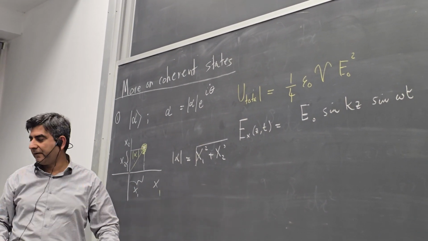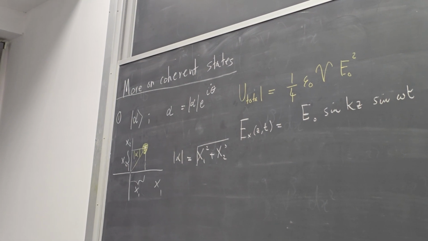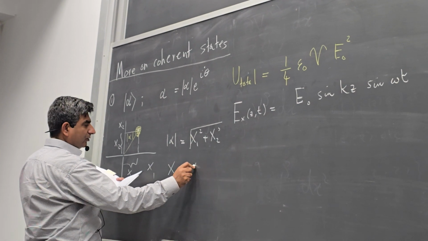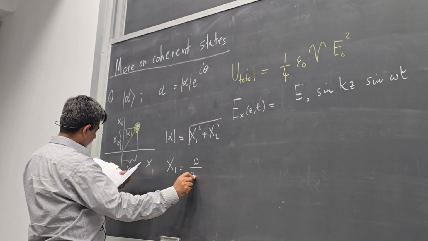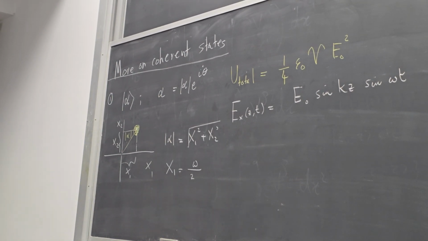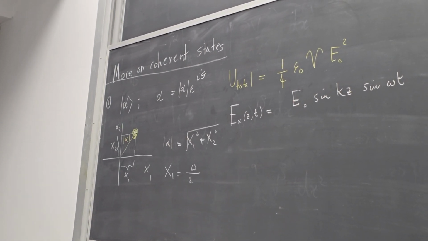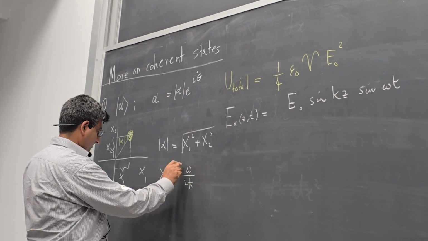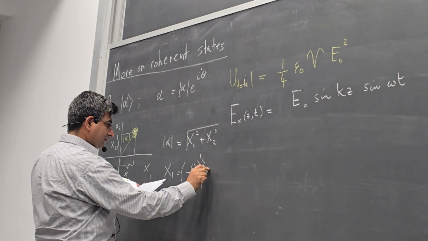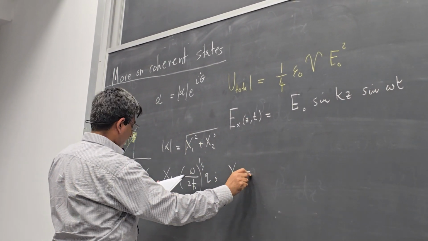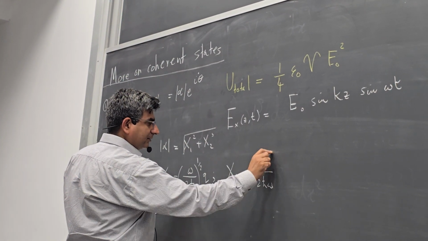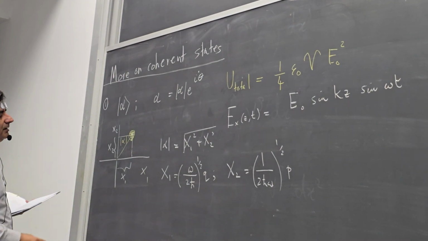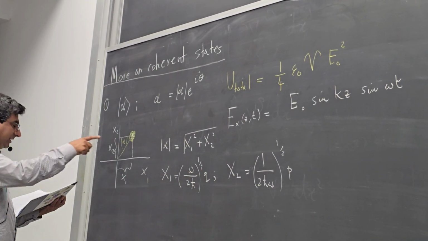Okay? So now we have various definitions for x1 and x2. We can express x1 and x2 in terms of q's: x1 is the square root of omega over 2 h bar times q, and x2 is 1 over the square root of 2 h bar omega times p, right? So now x1 can be written in terms of p and q.